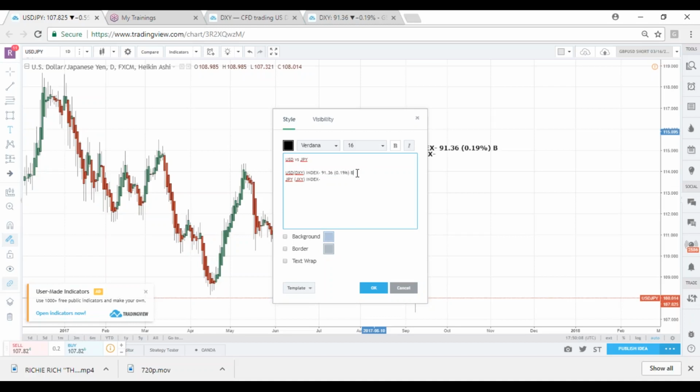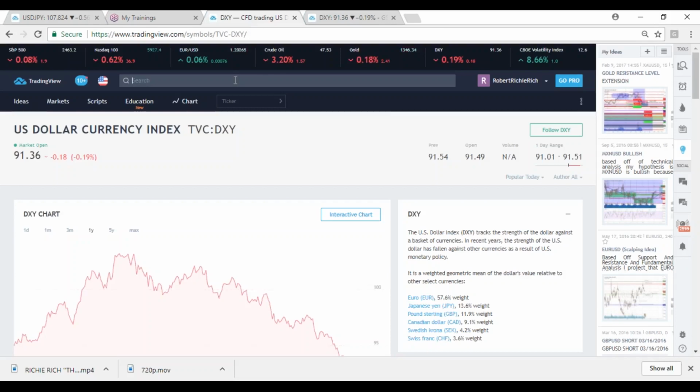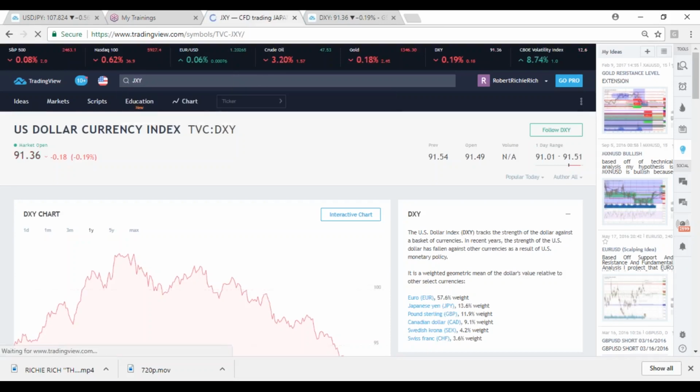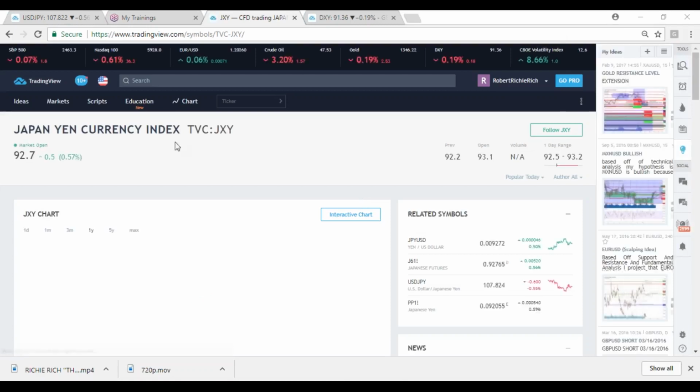But for now, we know the US dollar index is bearish. Type in JXY. And as you can see, the Japanese yen currency index pops up. Click on interactive chart.